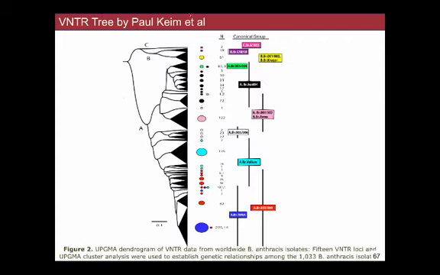And he made this really nice tree based upon these VNTRs that classified different varieties of anthrax into different parts, different monophyletic groups within the phylogeny of the Bacillus anthracis lineage.